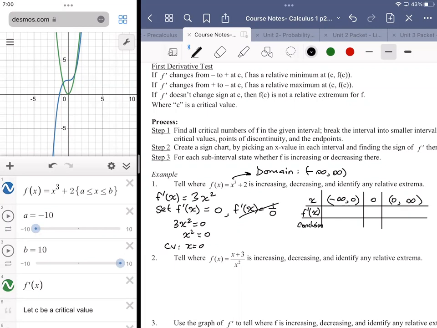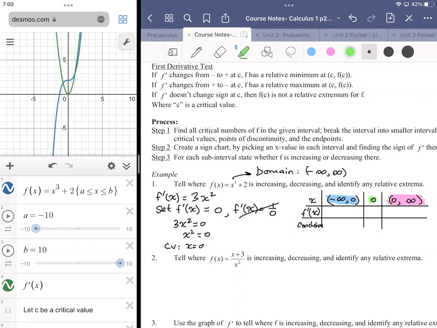Okay. So now I'm going to look at my derivative function, I meant to say, on these individual intervals. I've got an interval going from negative infinity to 0, and then an interval going from 0 to infinity, and I can also evaluate it specifically at 0.